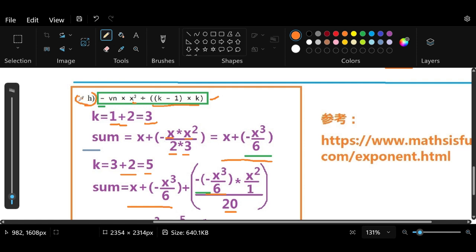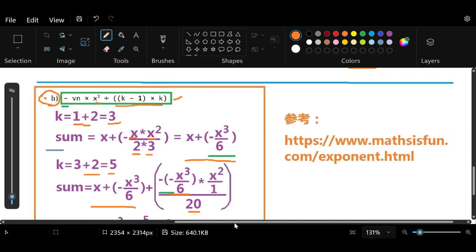And just in case you don't quite remember how to do the exponents, I think you can look it up at mathisfun.com.